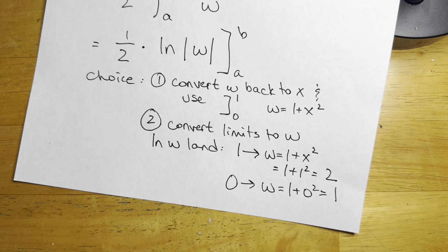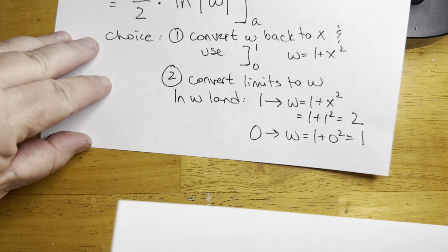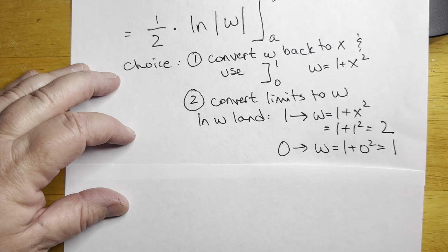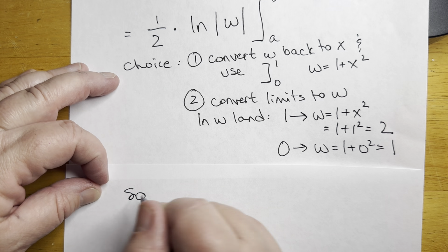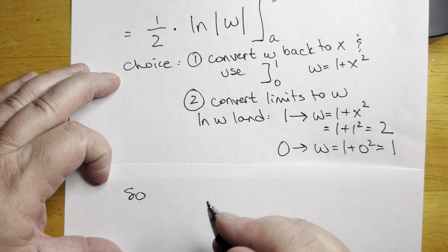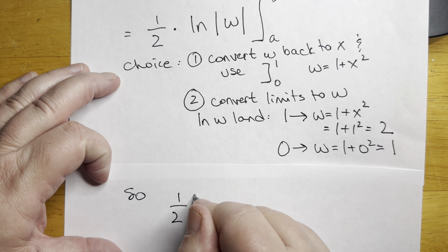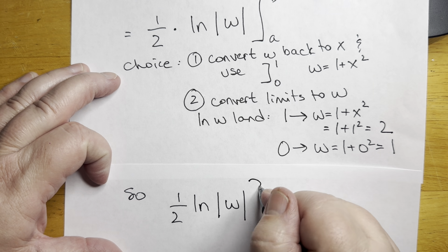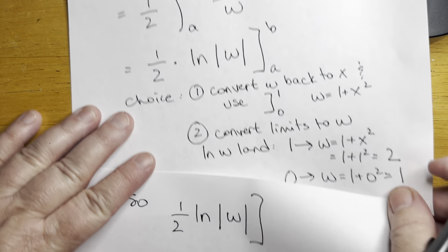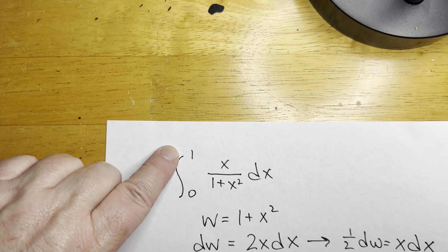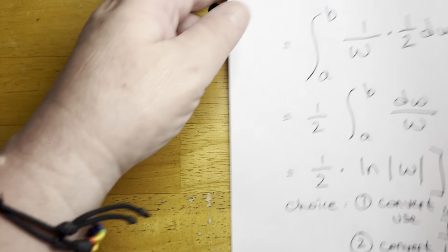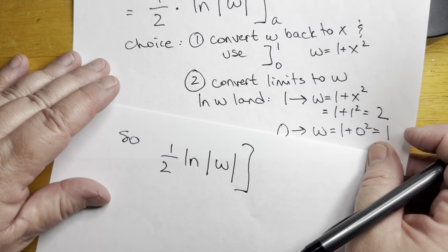So, oh my goodness, all the paper. So, we have 1/2 natural log of w in the absolute value from, instead of being 0 to 1 like it was, and I switched to a to b because I didn't want to deal with it because I wasn't ready, and now I'm ready.